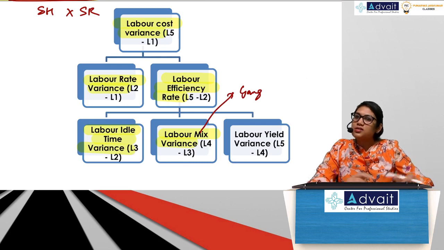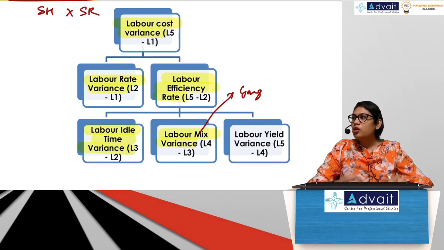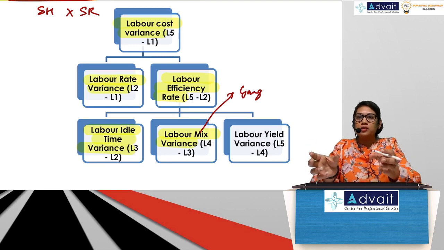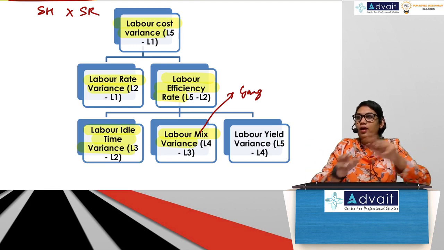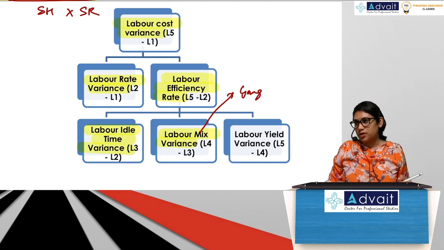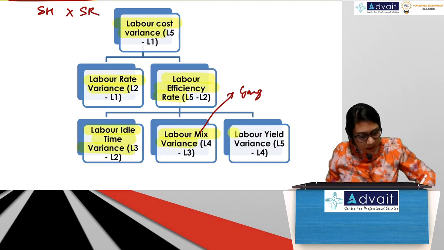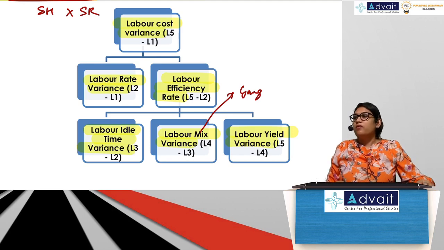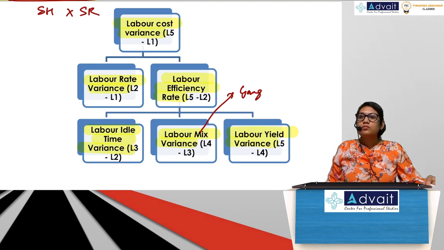Again, same thing. A particular product has to be manufactured by using 2 people from this group, 1 person from this group, 3 people from this group. I have not used it in that ratio, used it in some other ratio. So mix variance will arise. And labor yield variance. Same, like material mix and material yield.